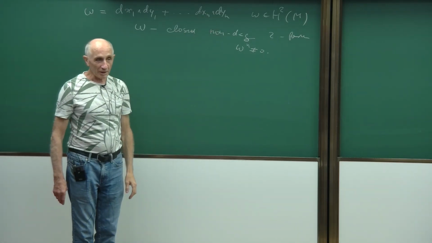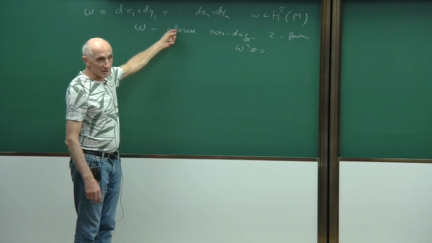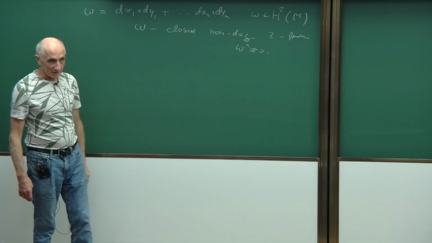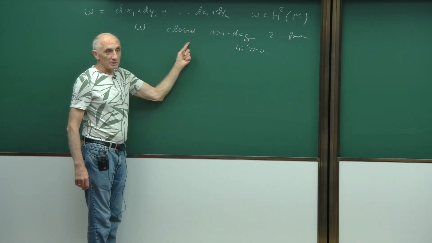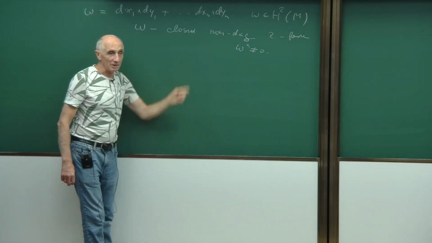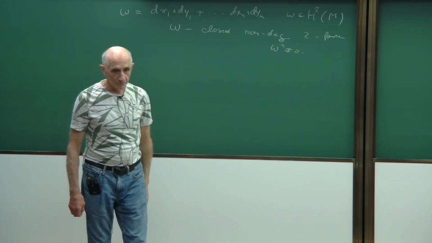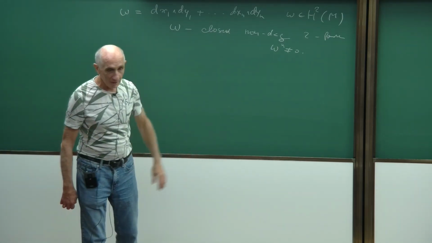Moreover, you can always pick this almost complex structure in the way I was telling yesterday. We can make omega taming for this complex structure, meaning that it is positive on all complex directions.